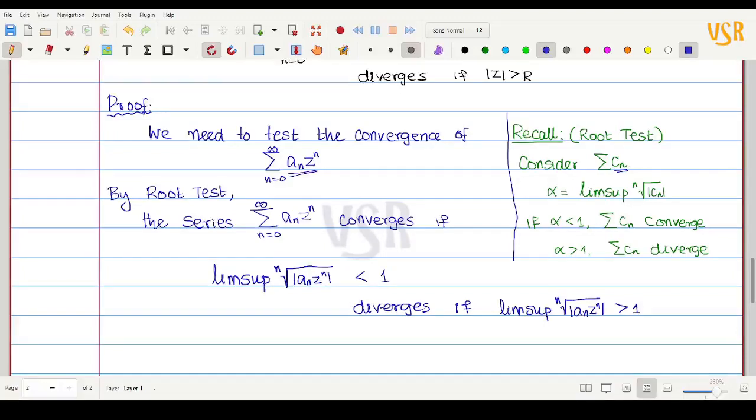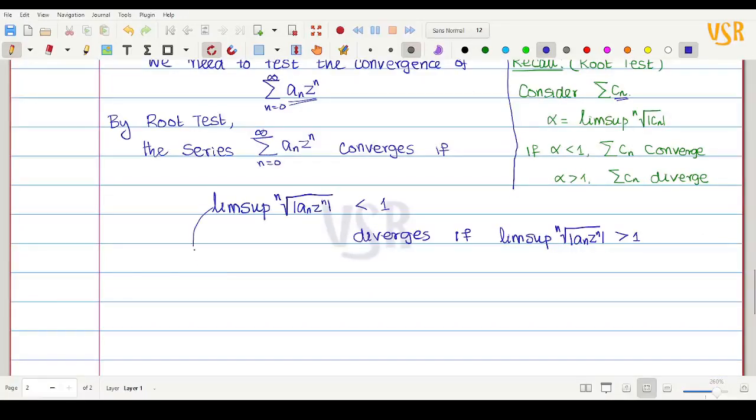Okay, இது யாரு அப்படிங்கிறதை மட்டும் we'll consider. That is limit supremum of nth root of this. I can write mod a_n into modulus of z to the power n, so that is mod z the whole power n. This is limit supremum of nth root of mod a_n, and nth root of modulus of z the whole power n, so that is equal to mod z.